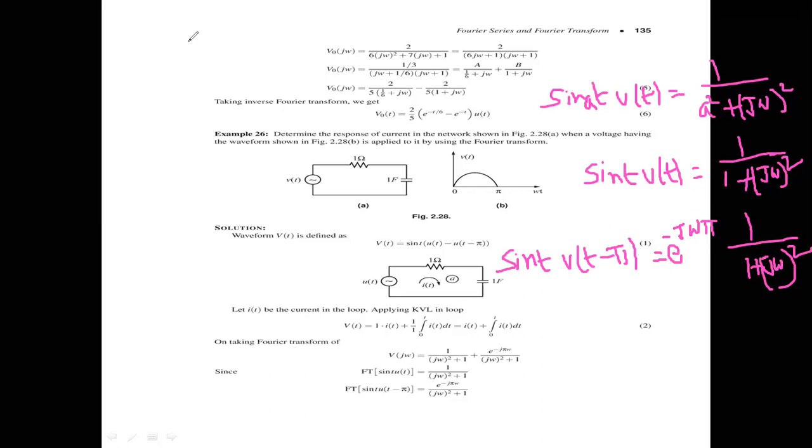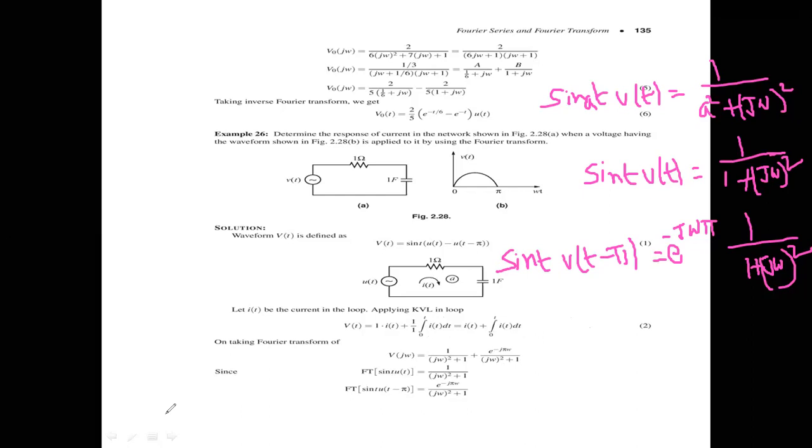Okay, use this. So the Fourier transformation of t into this one: the Fourier transformation of a sine function is on the right hand side, and on the left hand side, you can see the I of t and the integral of I of t.